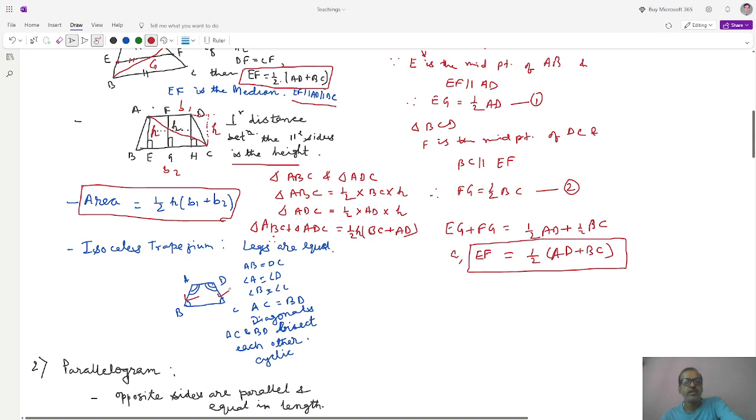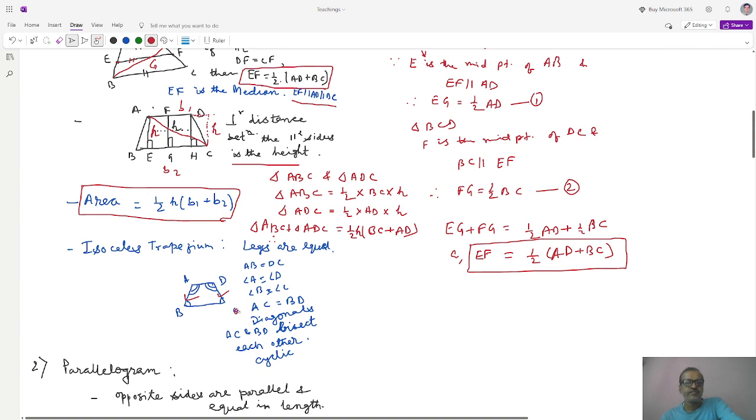Legs are equal. Here, legs AB and DC are equal, AB equals DC. And when these two sides are equal, then their corresponding base angles will be equal. Okay, so angle A equals angle D and angle B equals angle C.